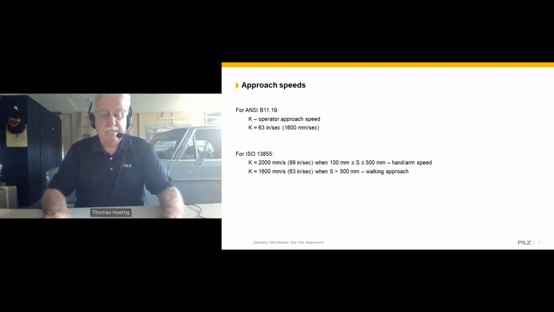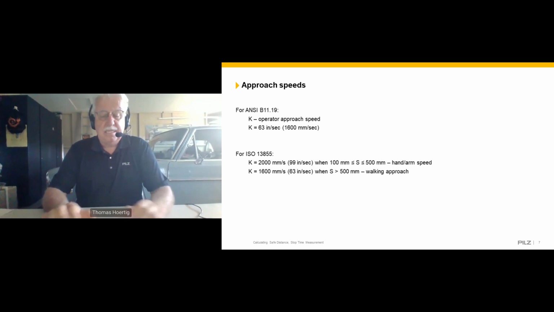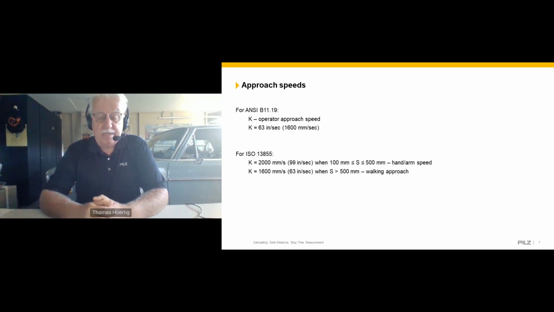A quick look at the approach speeds. Domestically for ANSI B11.19, K, the operator approach speed, is 63 inches per second or 1600 millimeters per second. For ISO 13855, the international standard, we have two speeds. We have 2000 millimeters per second or 99 inches per second when we are at a distance between 100 millimeters and 500 millimeters away from the hazard, and that's the hand and arm speed.